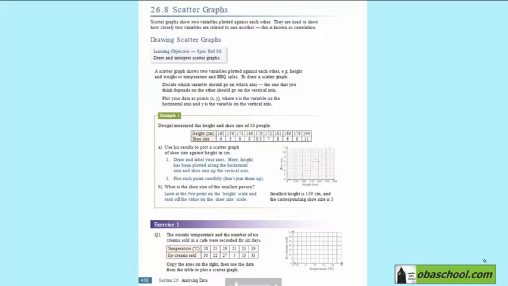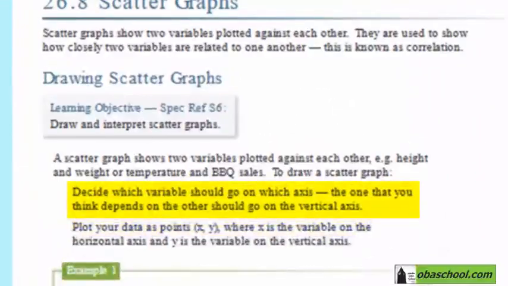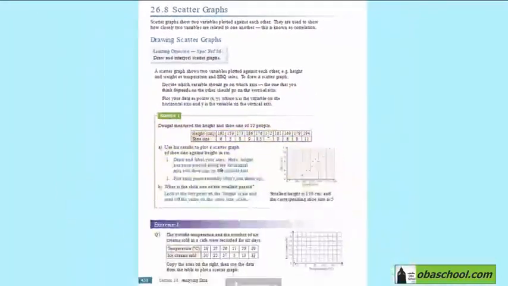Basically, a scatter graph shows two variables that kind of depend on each other. And one of the variables might even depend more on the other one. If you're wondering how to draw a scatter graph, decide which variable should go on which axis. The one that you think depends on the other should go on the vertical axis.